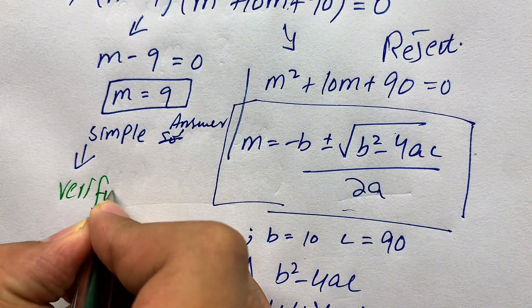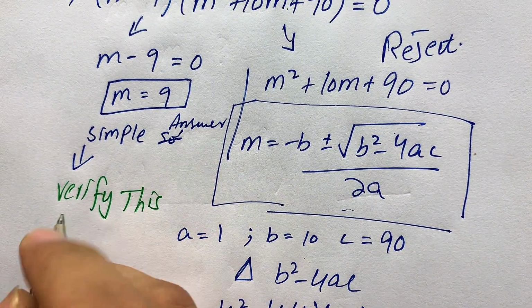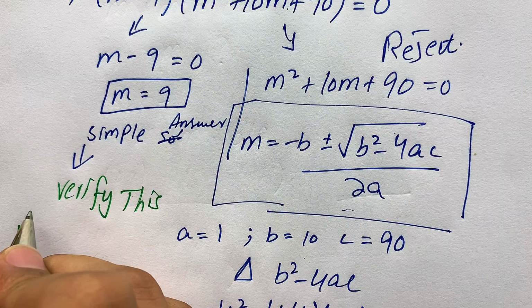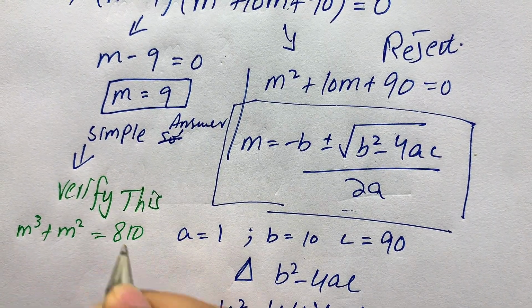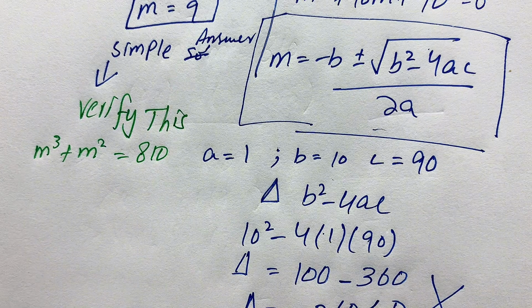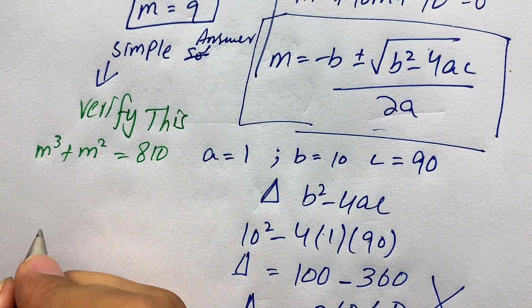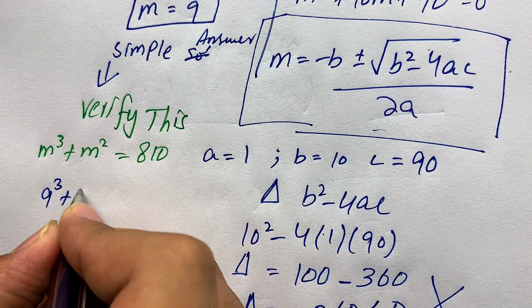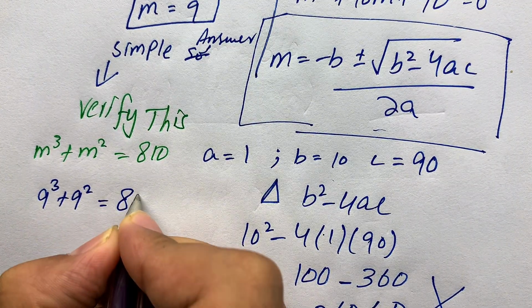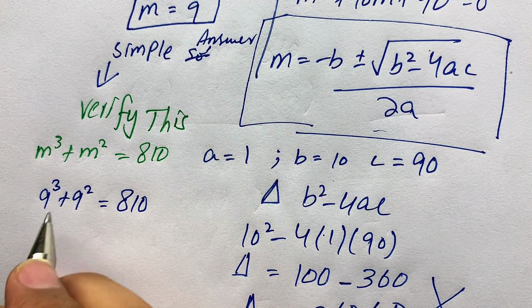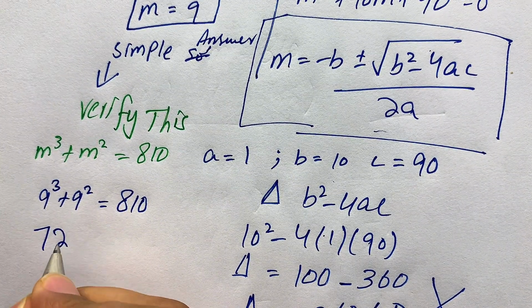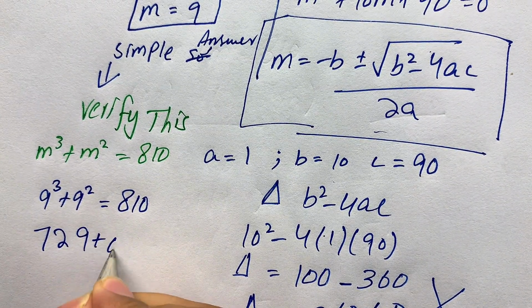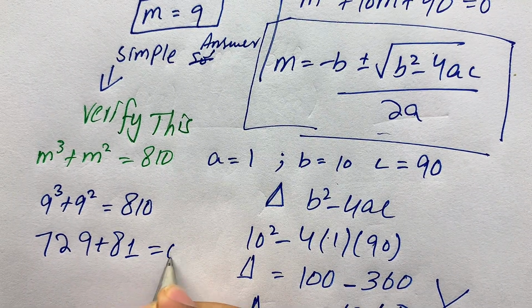Now we verify. Our question is m^3 + m^2 is equal to 810. So 9^3 + 9^2 is equal to 810, and 9^3 is 729, plus 81 is equal to 810.